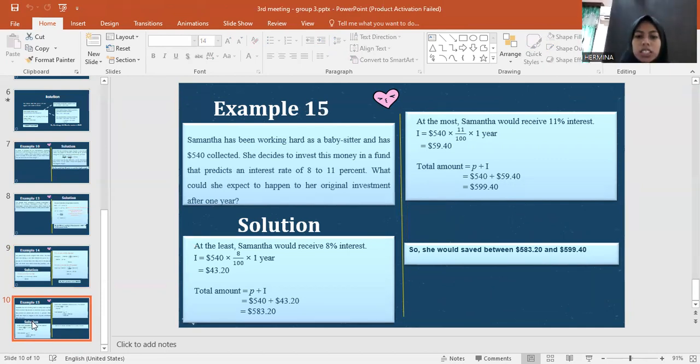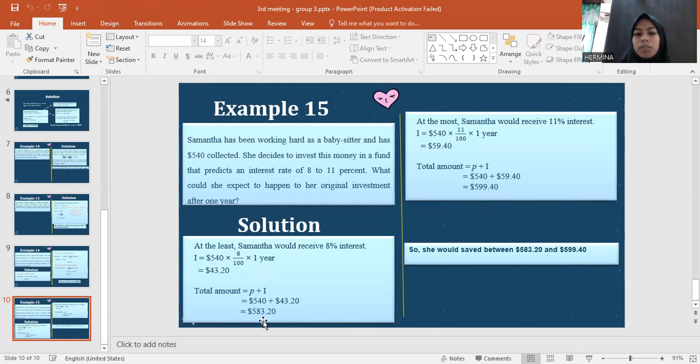So the solution is, at the least, Samantha would receive 8% interest. So I, the symbol of interest, is equal to $540 times 8 over 100 times 1 year. So it equals $43.20.